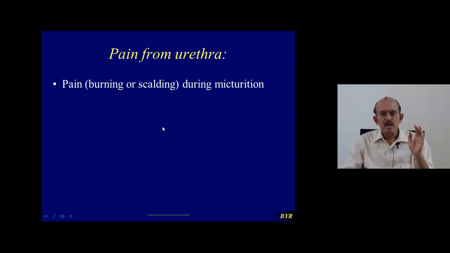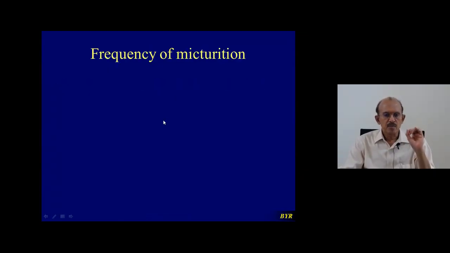The sympathetic nerves which innervate the trigone area have the same dermatomal pattern as the nerve supply to the tip of the penis. Because of that, the pain is felt at the tip of the penis. So that is about the pain.